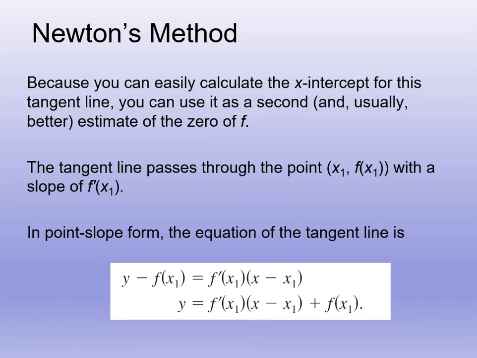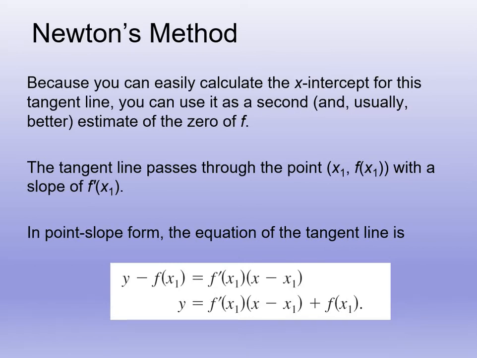That's essentially Newton's method. We are calculating slopes over and over as we choose closer and closer to where we think it crosses the x-axis. If we solve this equation for y, we end up with y equals f prime of x1 times the quantity x minus x1, plus f of x1.